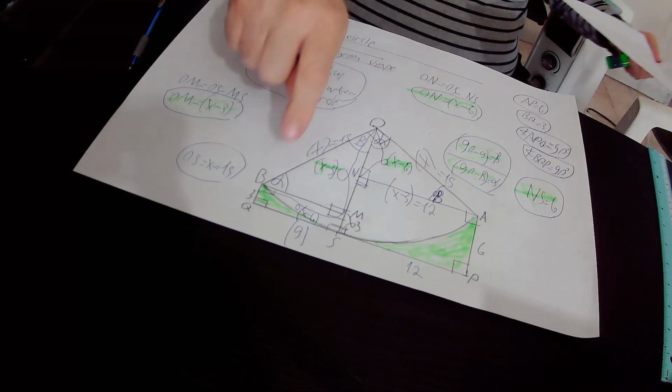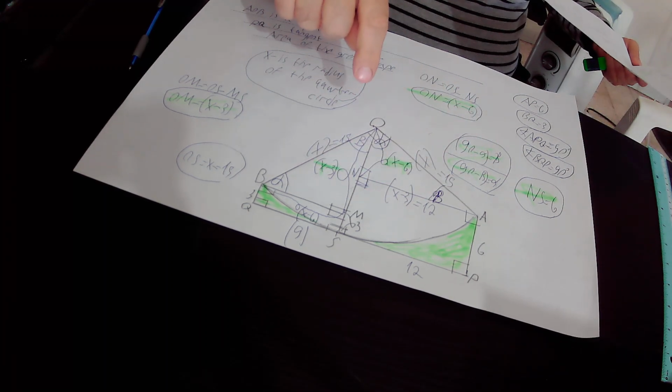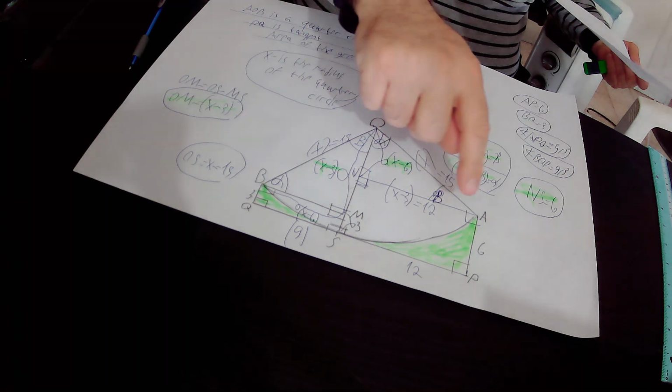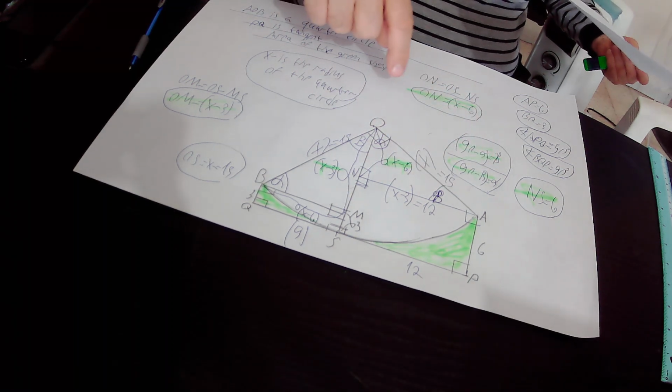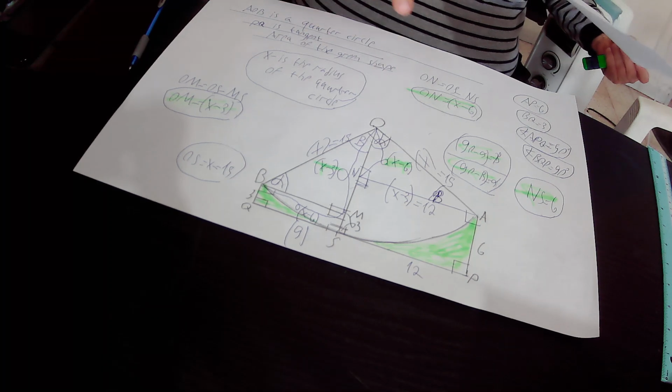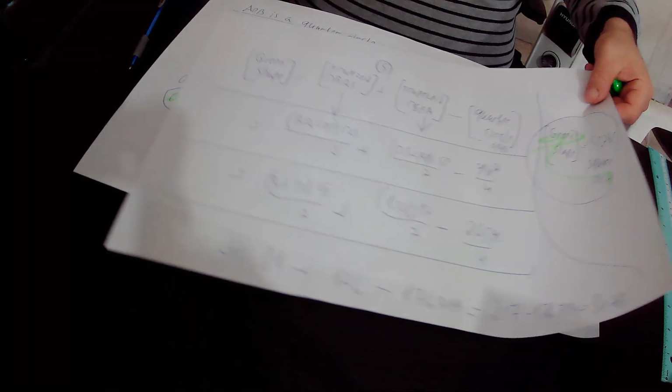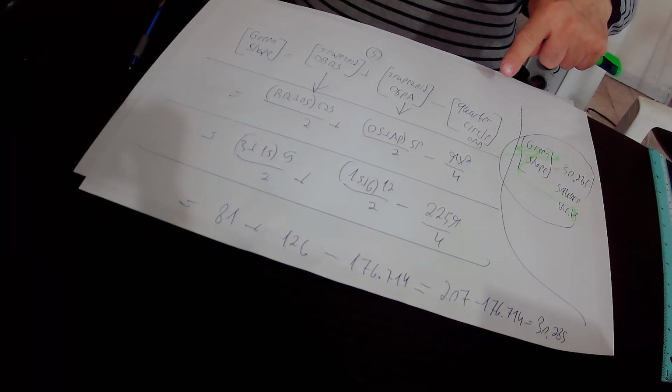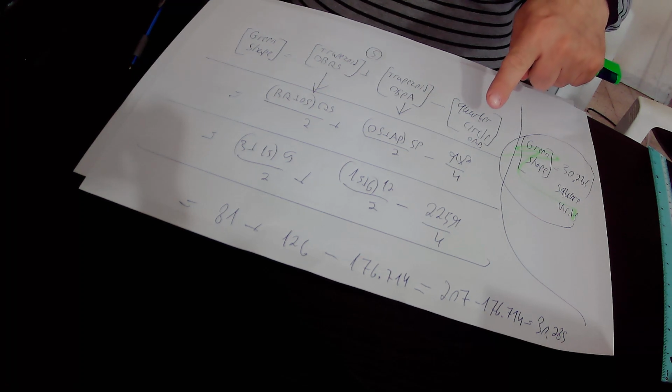So what is the area of this quarter circle OAB? It equals the area of the circle, pi x squared, divided by 4, because x is the radius of the quarter circle.